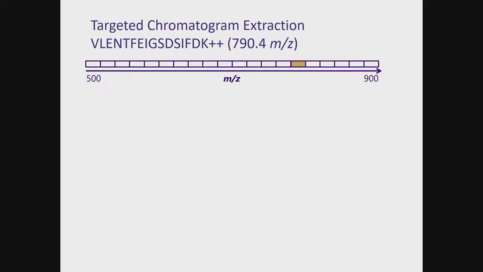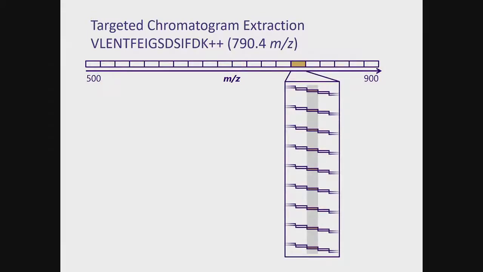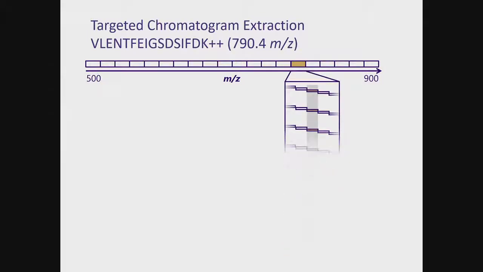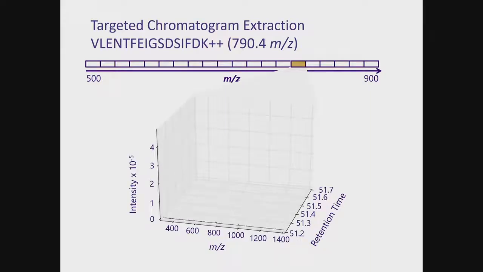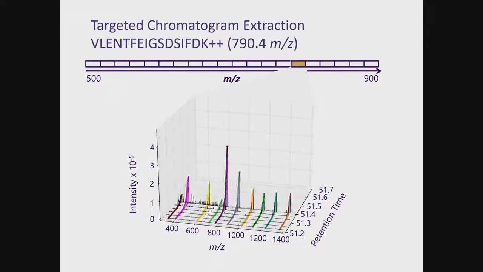This peptide has a doubly charged precursor of 790.4. It would fall in this isolation window. We could predict then the B and Y ion fragments. We can then go across all of the precursor MS-MS isolation windows, and we can start to extract the B and Y ions across time.